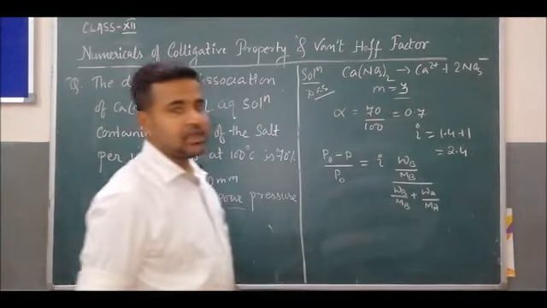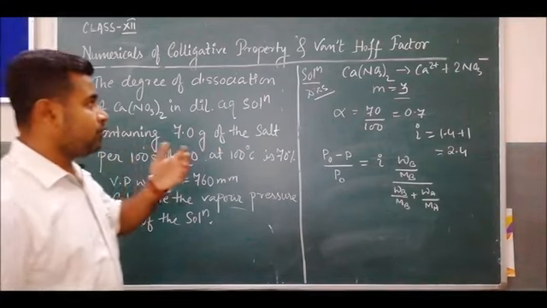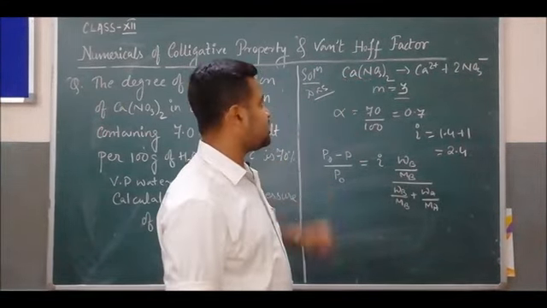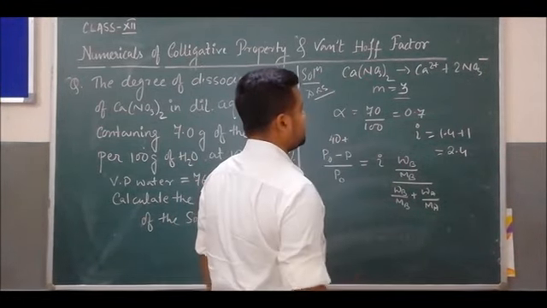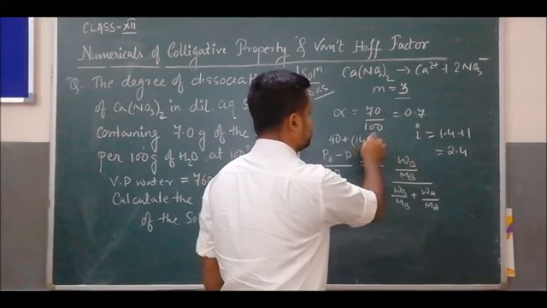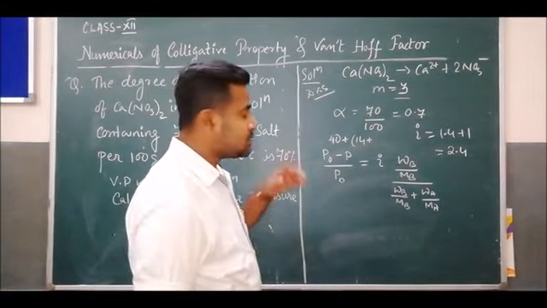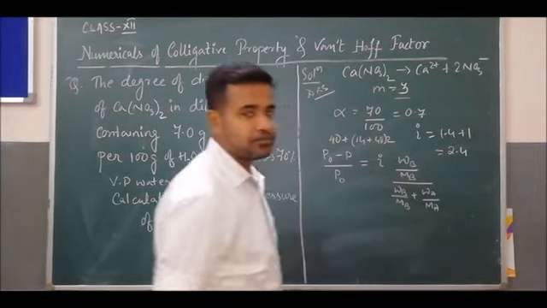So we have to put in the formula, and also we have to find the molar mass of calcium nitrate. Calcium is 40, then nitrogen is 14, oxygen is 16 into 3, that is 48, into 2.